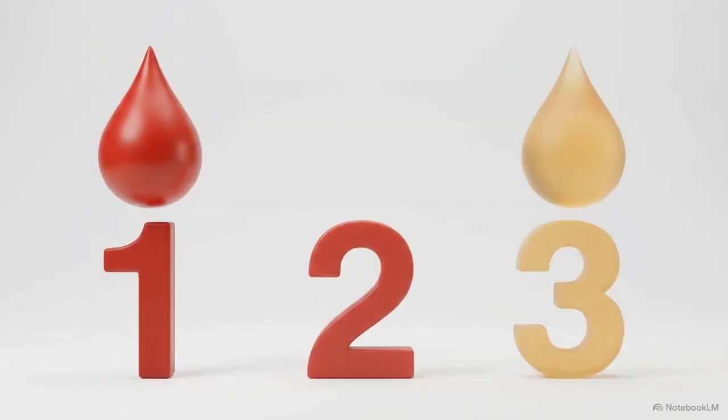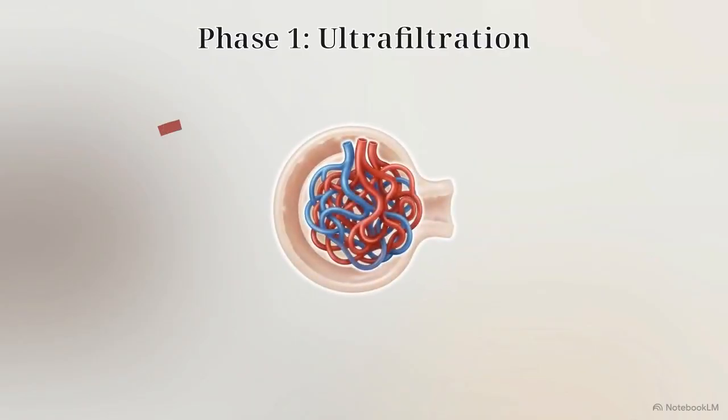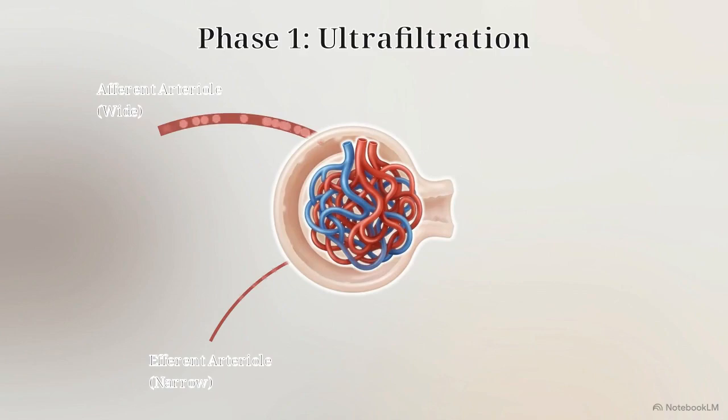Urine formation is an active three-phase process that turns whole blood into concentrated waste. Look at this fully drawn nephron diagram to see phase 1, ultrafiltration. It takes place strictly within the Malpighian corpuscle as blood enters the wide afferent arteriole.